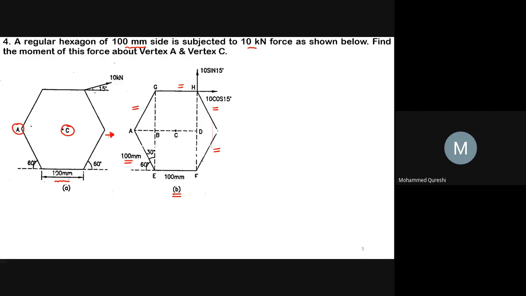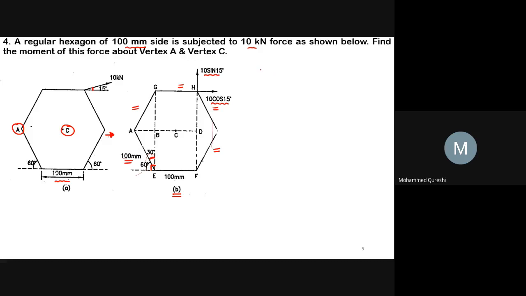As 10 kilonewton force is making an angle 15 degree with the horizontal x-axis, so I will write here with respect to two components, that is 10 cos 15 and 10 sin 15, and total angle here is 90 degree, out of which 60 degree is making an angle with vertex AE. So the remaining angle will be your 30 degree. So I had just simplified the figure in two triangles.